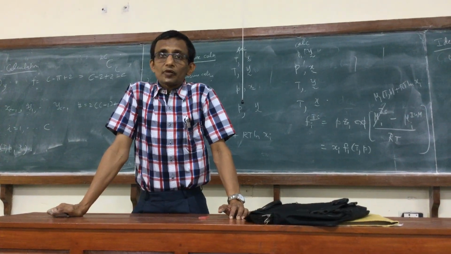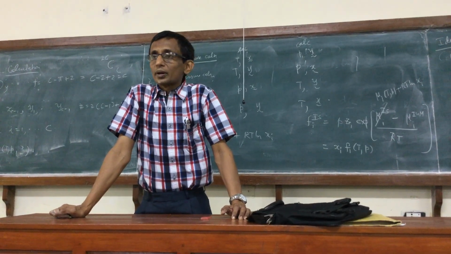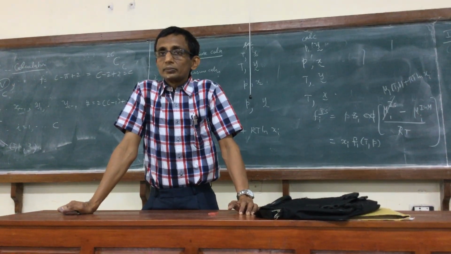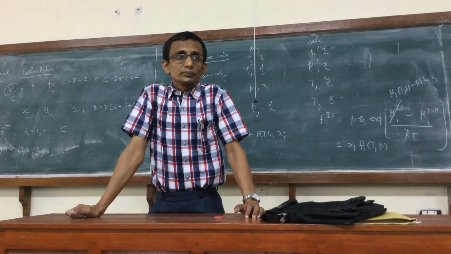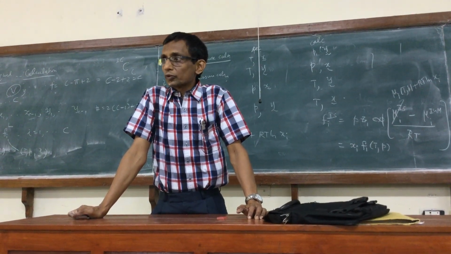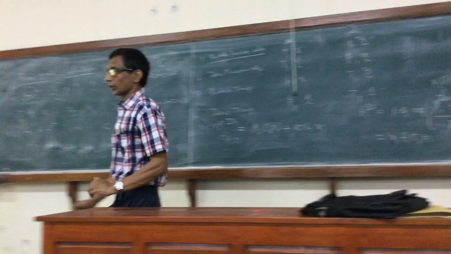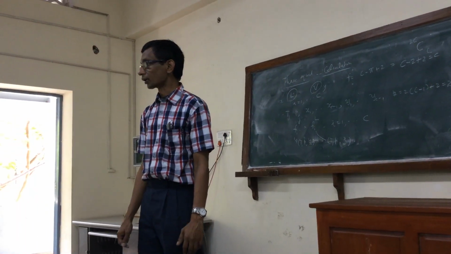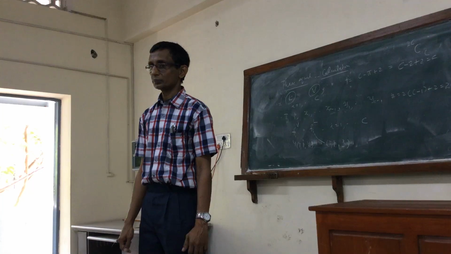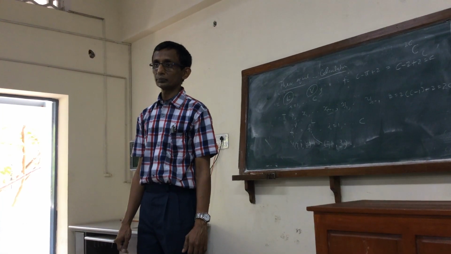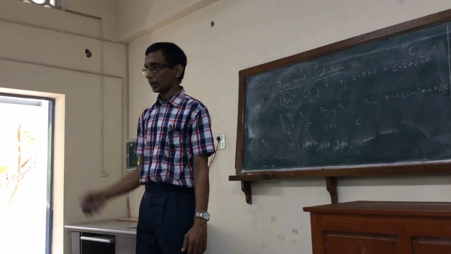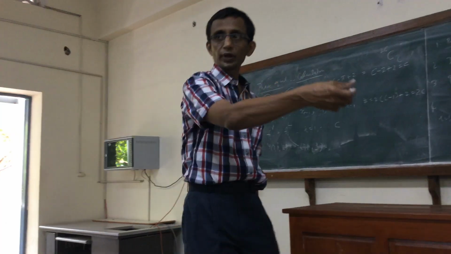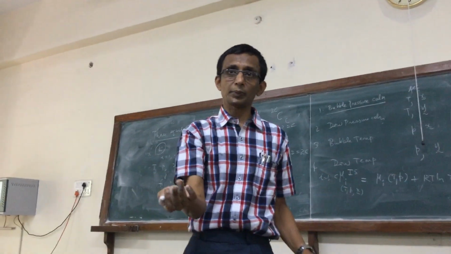What is the definition of fugacity of a pure component? That's a part of quiz 2. You cannot say it is over. What is the definition of fugacity of a pure component? Can you come and write the fugacity of a pure component? You're supposed to remember these definitions.